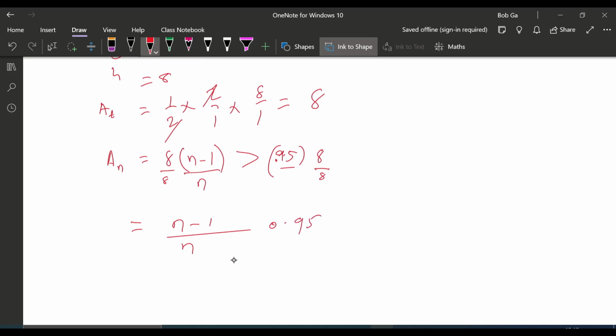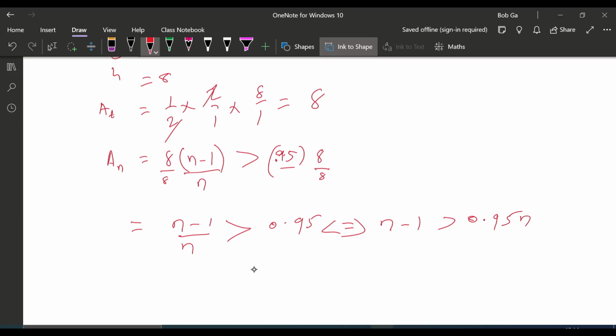We can also extend this to n minus 1 is greater than 0.95 n.